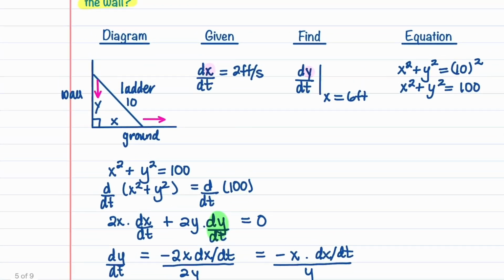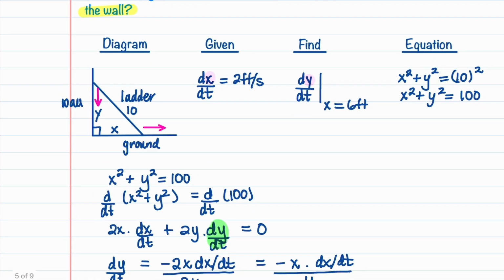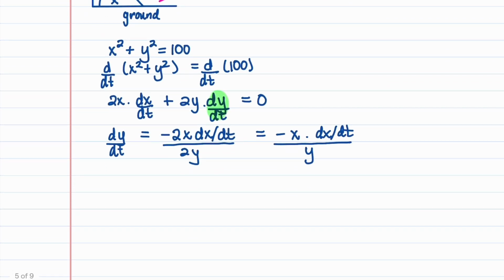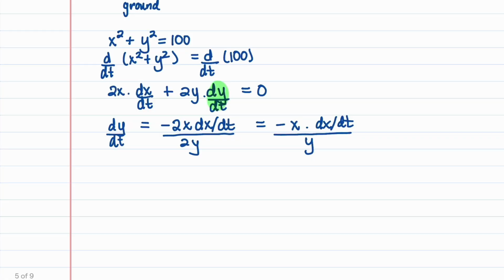Let's go back up here to the top. We want to find dy/dt when x is equal to 6 feet. So let's put this down. We want dy/dt when x is 6 feet. Now let's look over here at our equation.